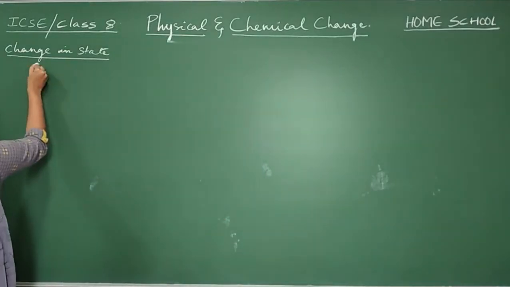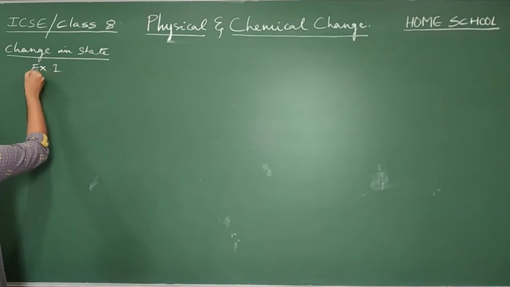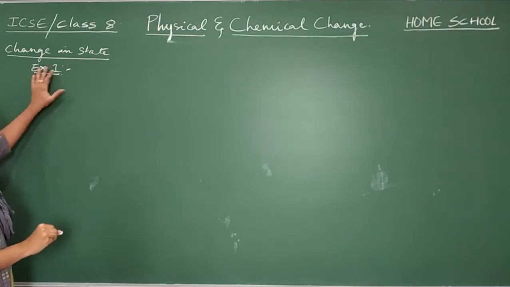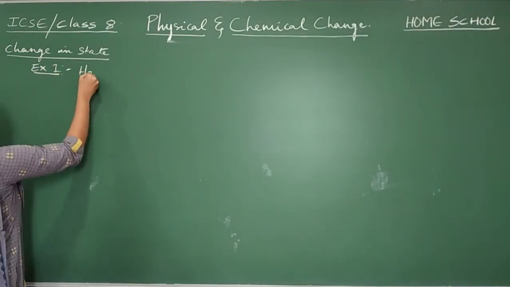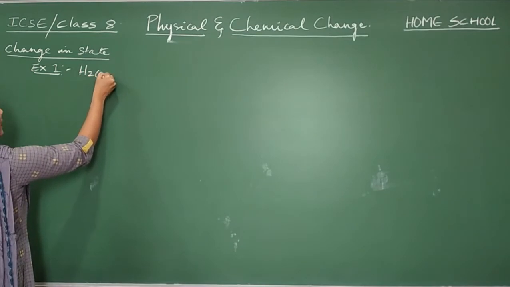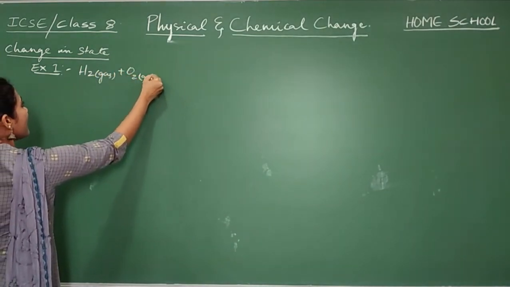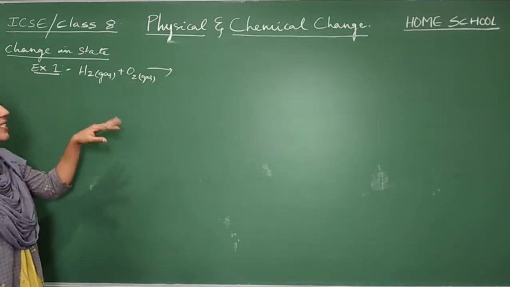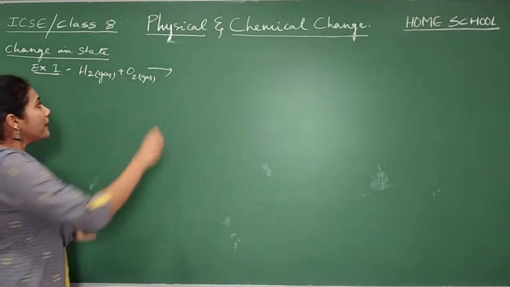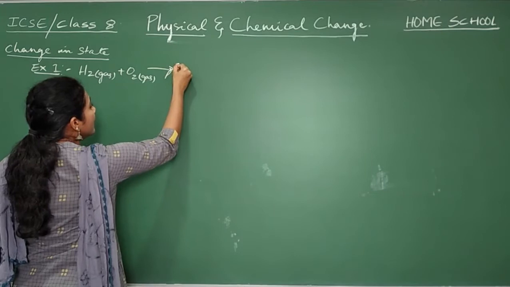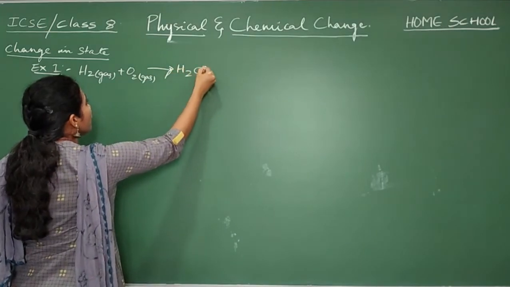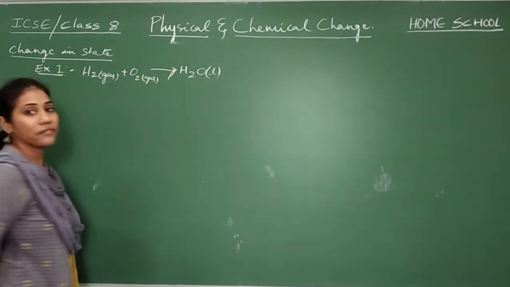Example 1. Imagine you have hydrogen. Hydrogen is a gas, and oxygen is also a gas. When both of them combine, you get H2O, which is a liquid, isn't it?